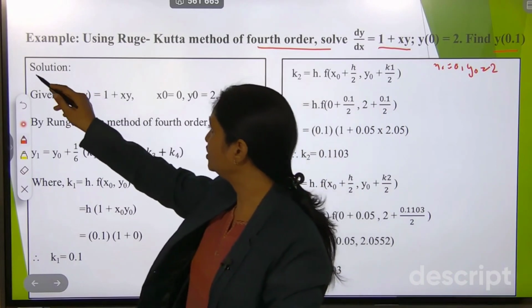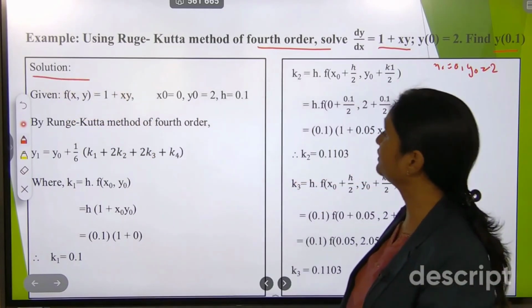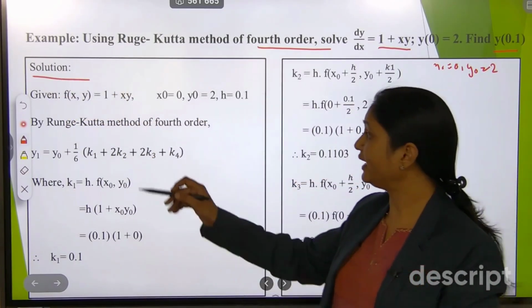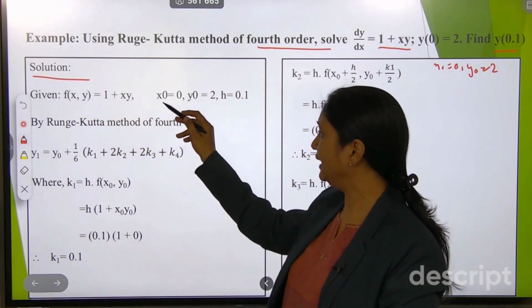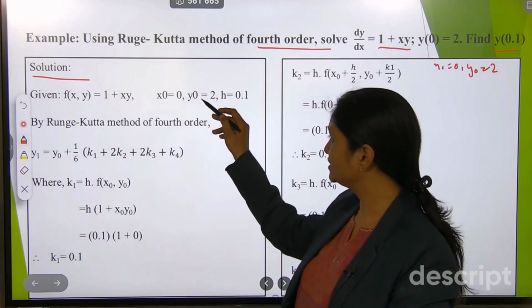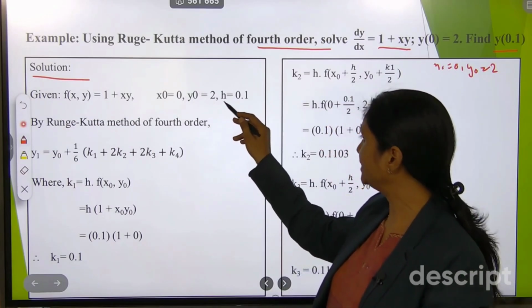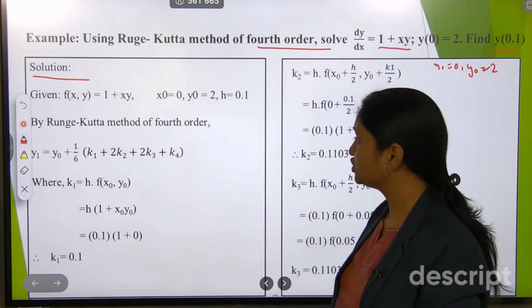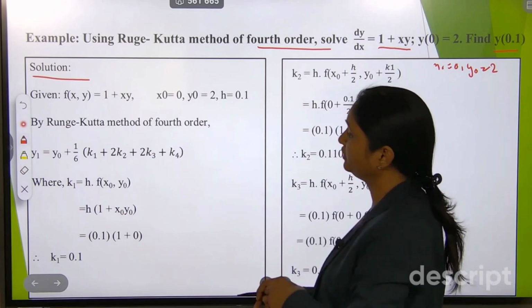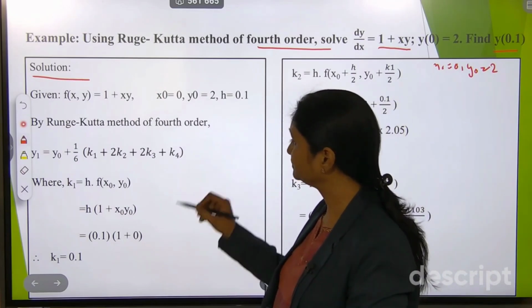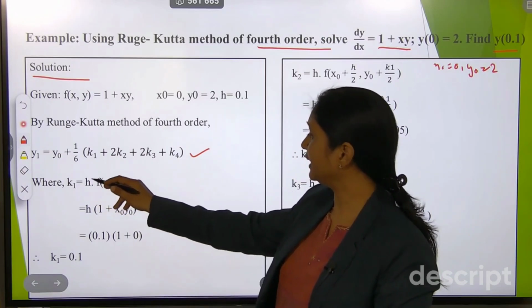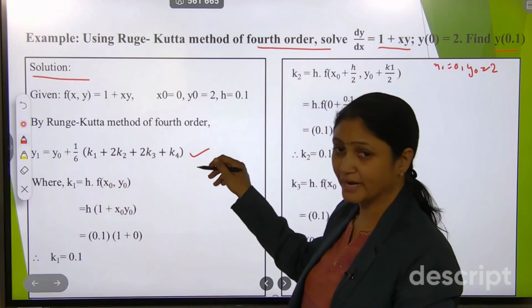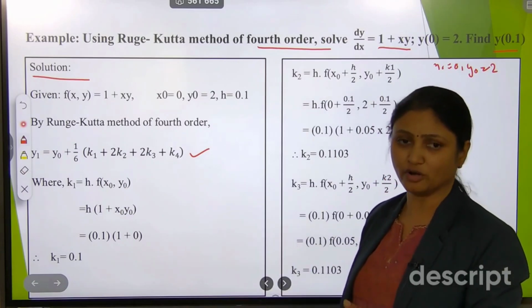So let us see the solution of the given problem. Here, we have the function f of x comma y equal to 1 plus xy, x0 is 0, y0 is 2 and h is 0.1. So by Runge Kutta method of fourth order, we have this formula, and we can calculate the values of k1, k2, k3 and k4 from their corresponding formulas.